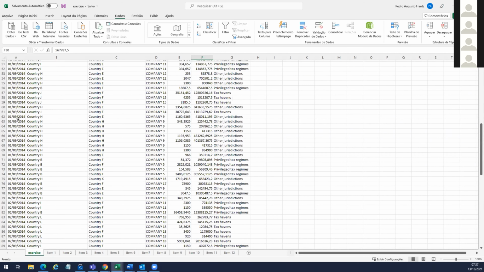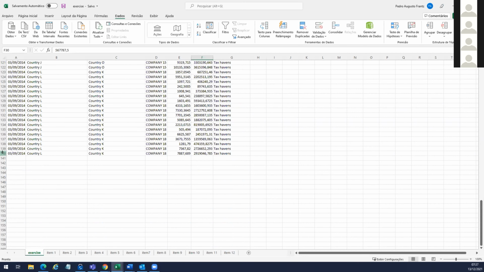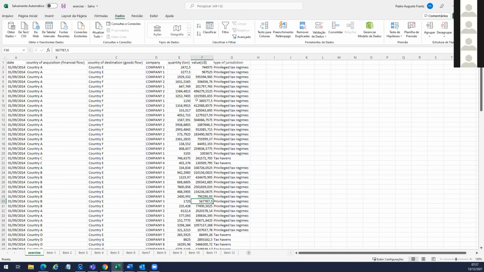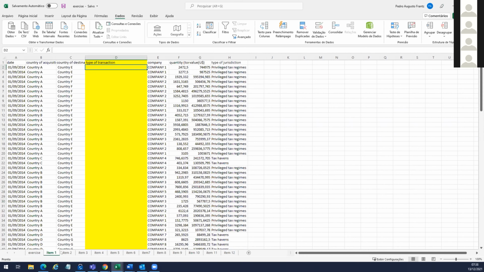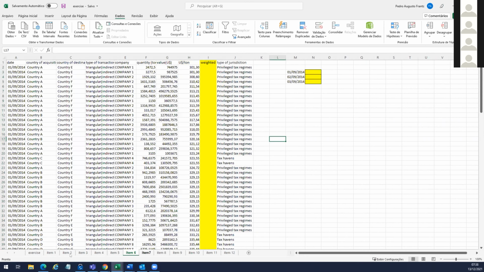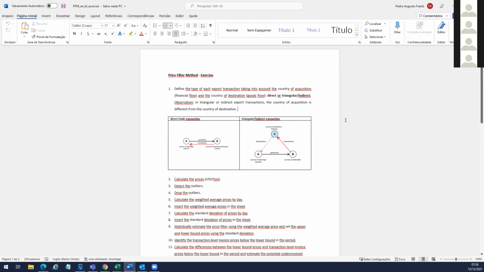It has 3 days of operations, 140 lines, with the same data as the Python package. Every item here is an item of the suggested exercise that we have in the Word file you received.